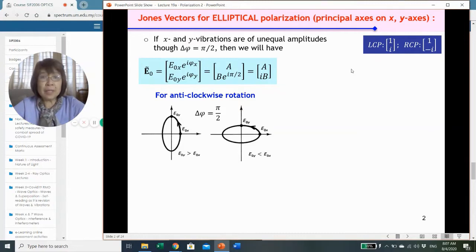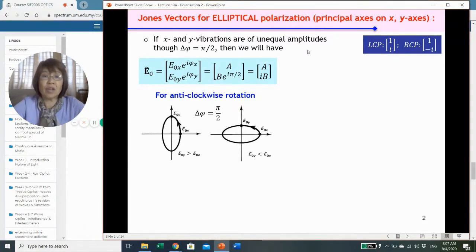So for elliptical polarization, if the principal axes are on the x or the y axis, so they're symmetrical about the x and y axis, it is quite similar to circular polarization, except that they would not have equal amplitudes.